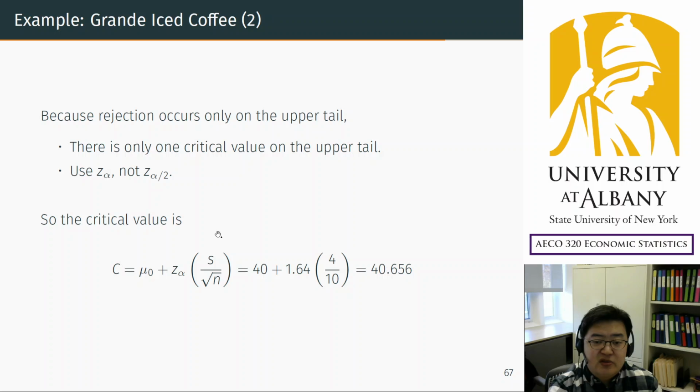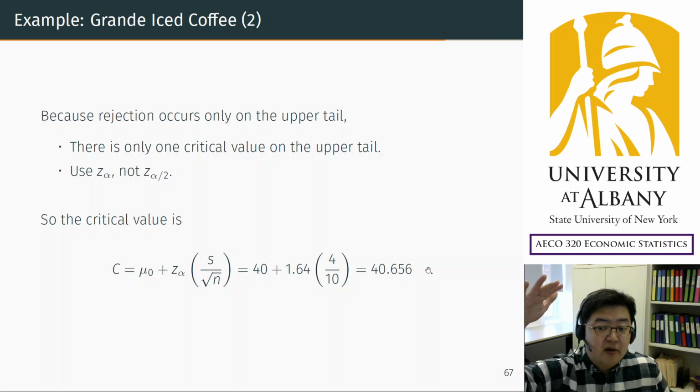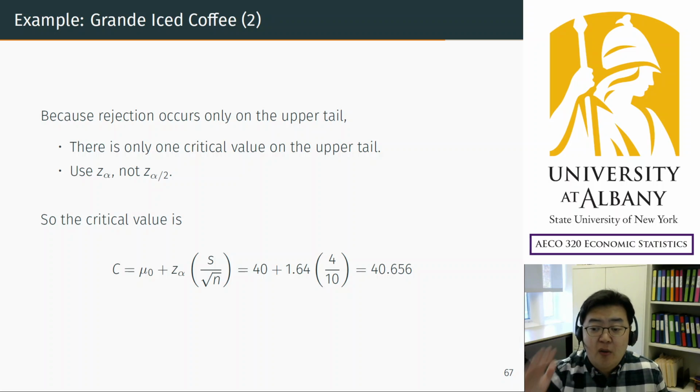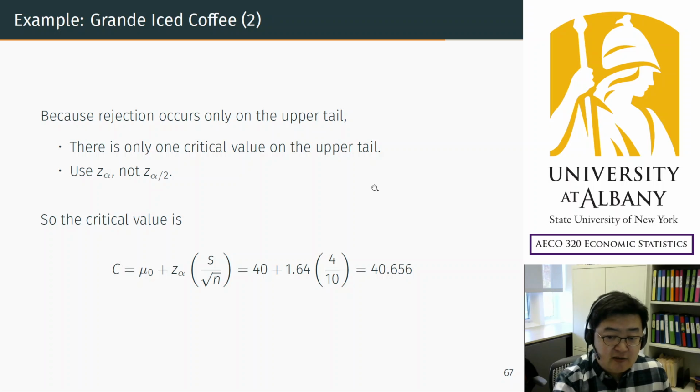Anyhow, the critical value is 40 degrees plus the margin of error, where you use these numbers. Easy. So you put the margin of error above 40 degrees, like 40 degrees plus 0.656 degree. That's the critical value. If your observation is higher than this critical value, then you are going to reject.